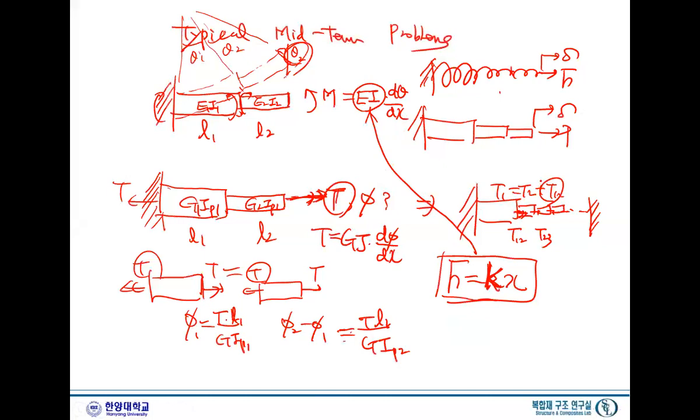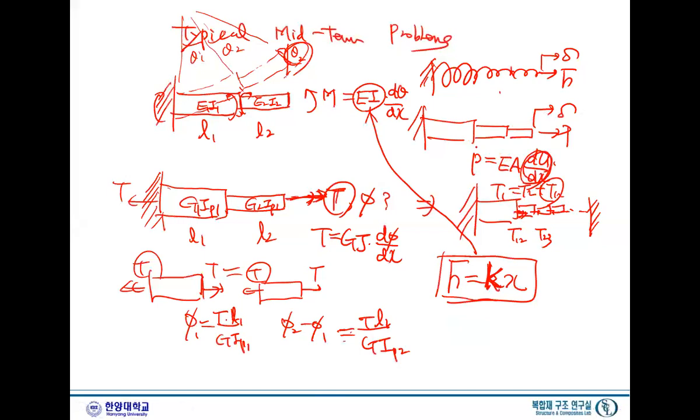And for this bar, we can say P equals simply EA times du/dx, right?